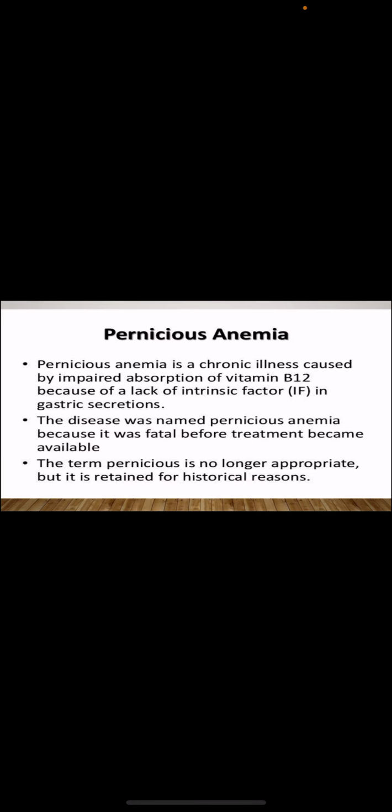So pernicious anemia is a chronic illness caused by impaired absorption of vitamin B12 because of lack of intrinsic factor. Schilling test, basically we don't need to know it in detail, but it is a test where you try to find out the reason for vitamin B12 malabsorption: whether it is dietary deficiency, intrinsic factor deficiency, some bacterial overgrowth, or some pancreatic insufficiency.